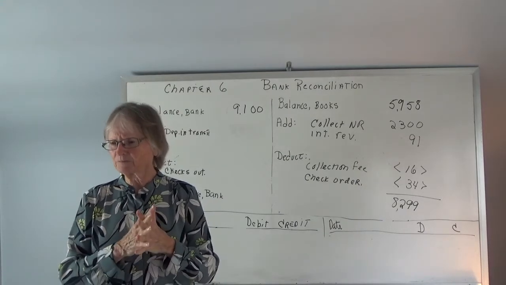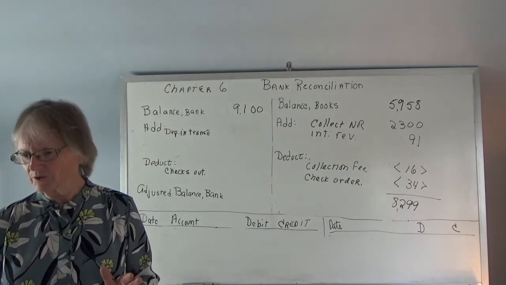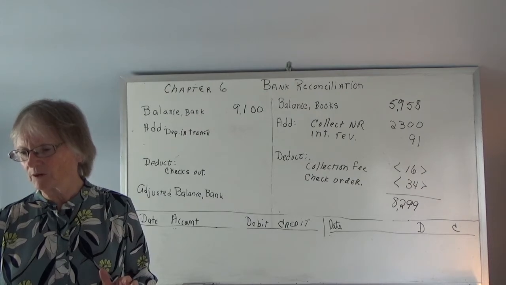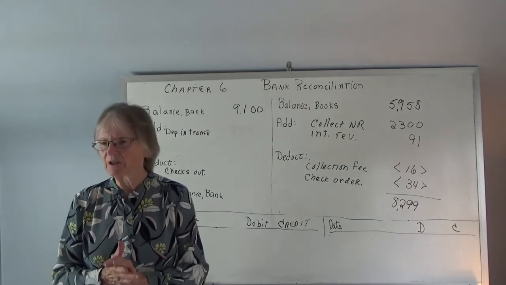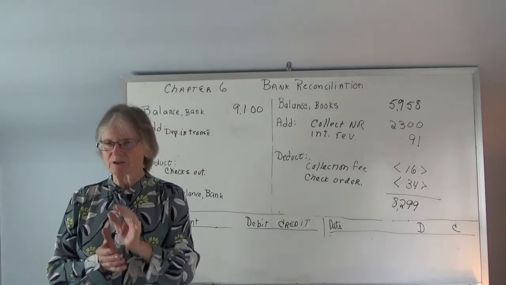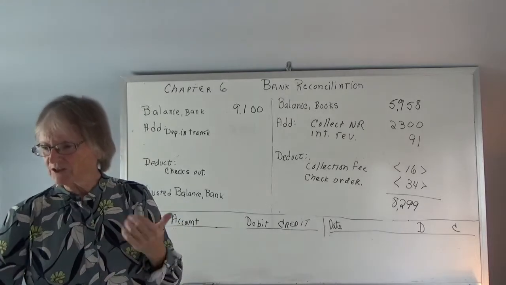Okay, so what else are we given in this problem? We're given the bank statement for November. This is from the bank, and that lists all the checks that have cleared the bank. It lists all the deposits that have cleared the bank. So that's the second item.